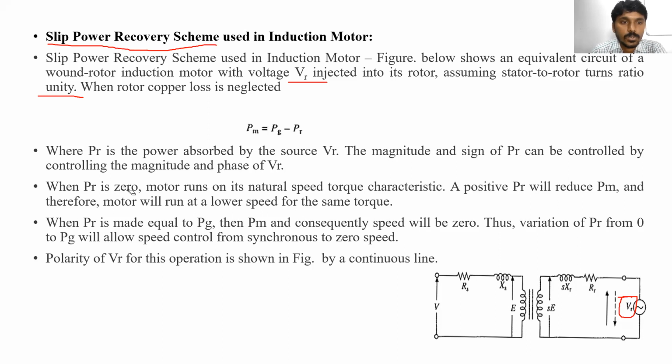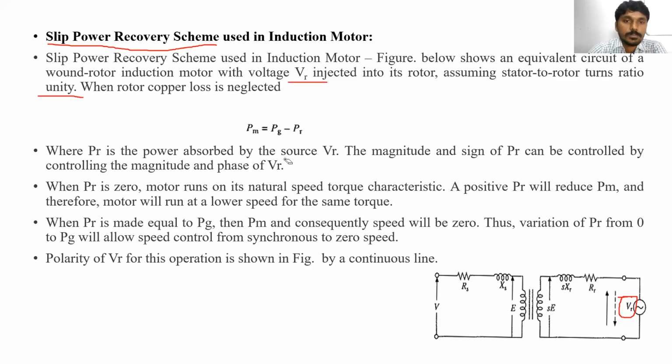When the power absorbed by the rotor circuit, PR, is zero, the motor runs on its natural speed-torque characteristics, because PR equal to zero means the losses are zero. Losses being zero means input power is equal to output power, so the air gap power is equal to the mechanical developed power.